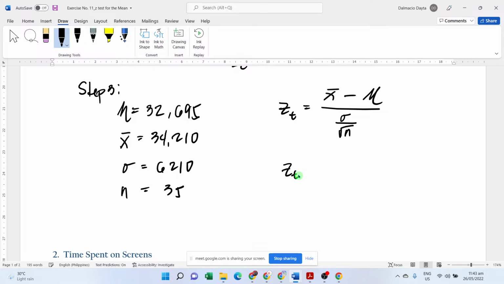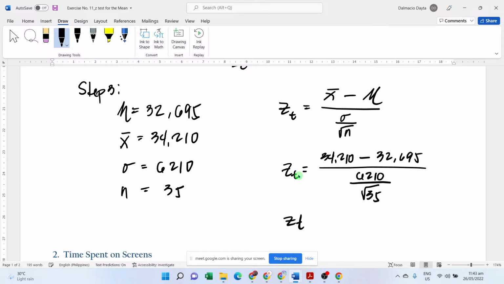Substituting the values. Be ready please with your calculator and compute this. The z-test is 34,210, substitute the values, minus 32,695, all over the standard deviation, 6,210, divided by the square root of n, that's 35.